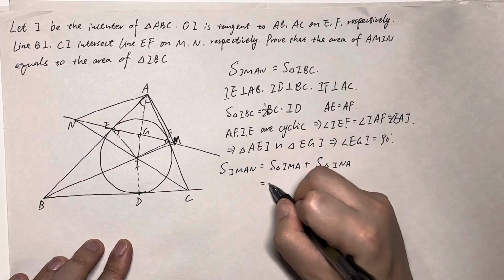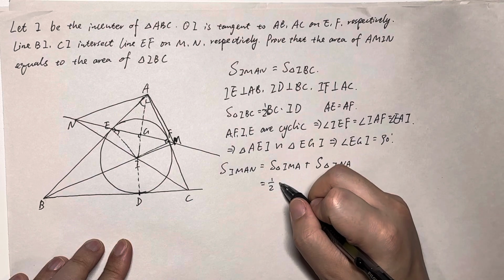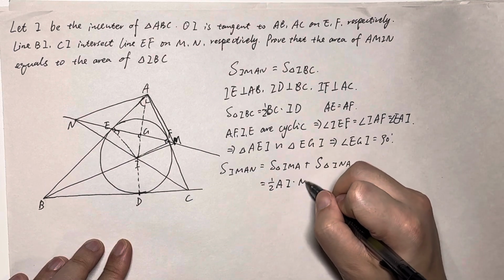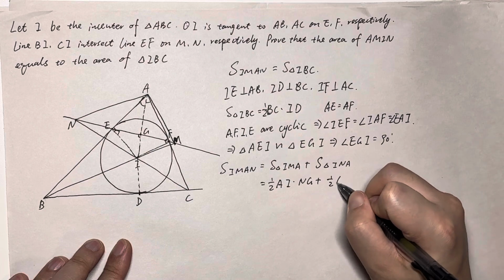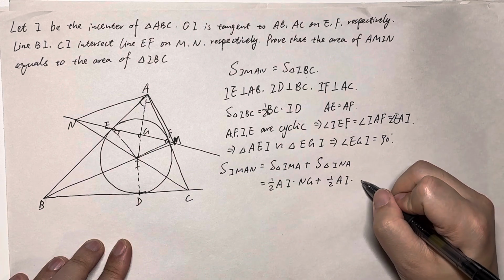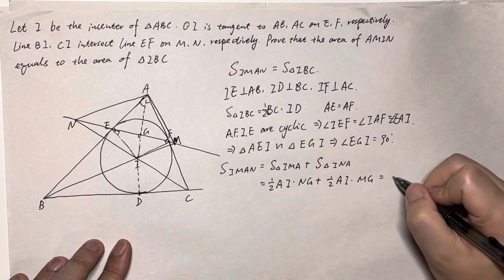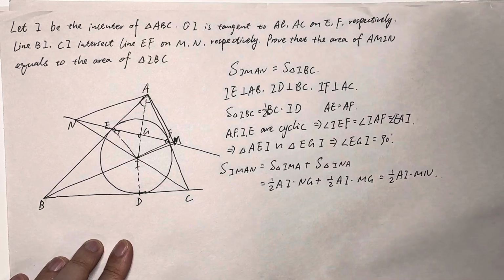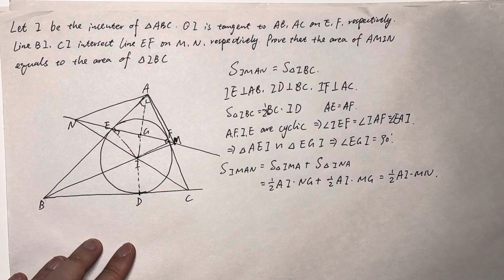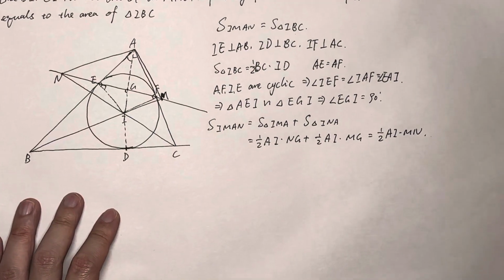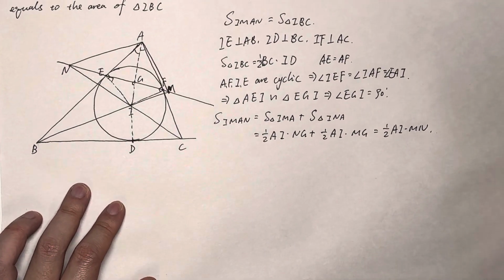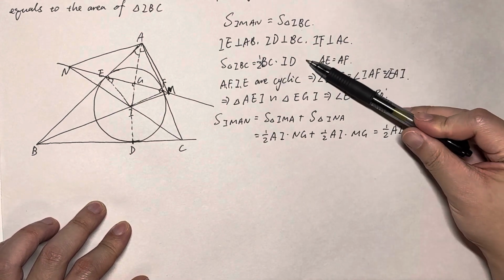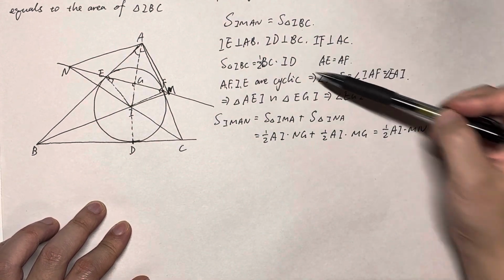Which equals half of AI times NG plus half of AI times MG, which equals half of AI times MN. Right.